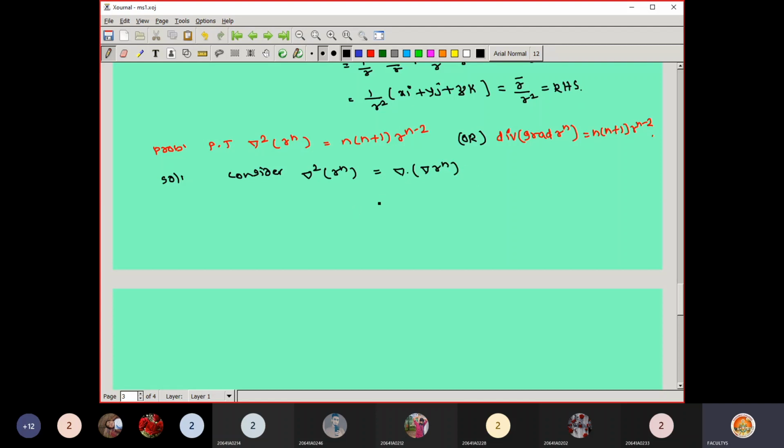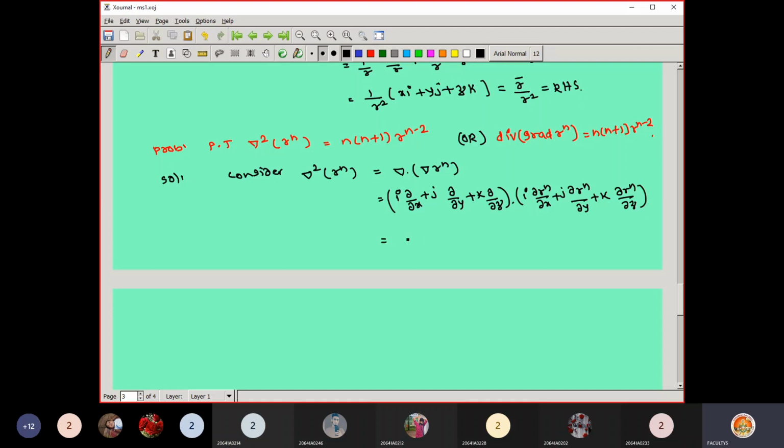So this is equal to, normally you can write this del is nothing but i ∂/∂x plus j ∂/∂y plus k ∂/∂z. This is only the definition for del. Dot del r power n, that I can write i ∂r^n/∂x plus j ∂r^n/∂y plus k ∂r^n/∂z.